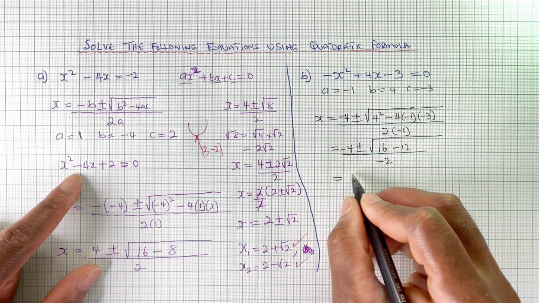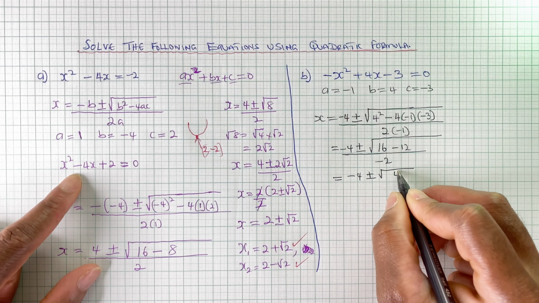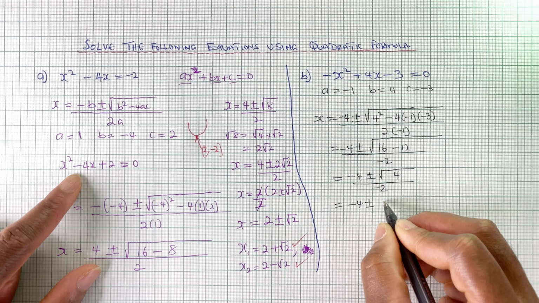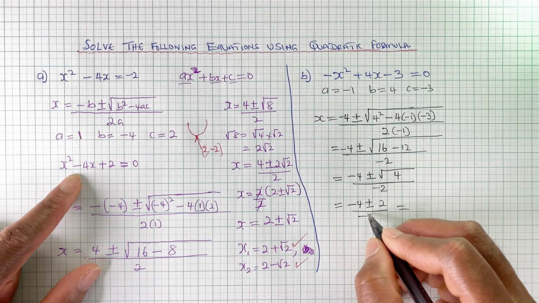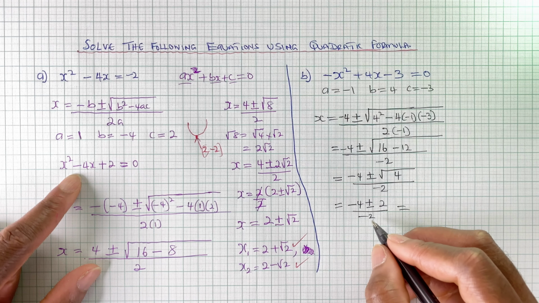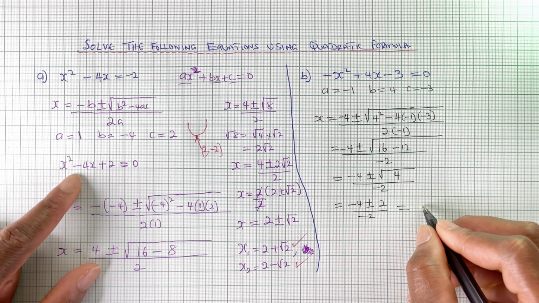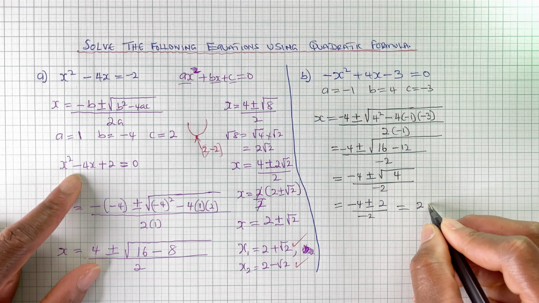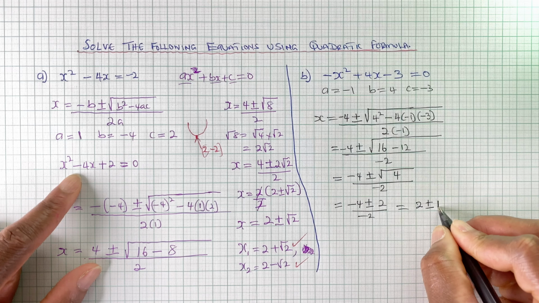And that will give us minus 4 plus or minus root of 4 over minus 2, which would become, right, root of 4 is 2, so you go minus 4 plus or minus 2 over minus 2. And that should give us, how many 2 goes in 4? So minus 4 over minus 2 will be plus 2. Then plus or minus 2 over 2 will give you 1.